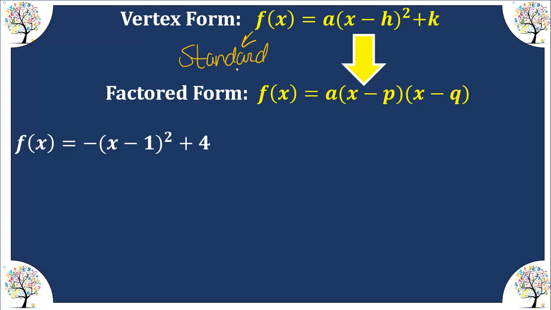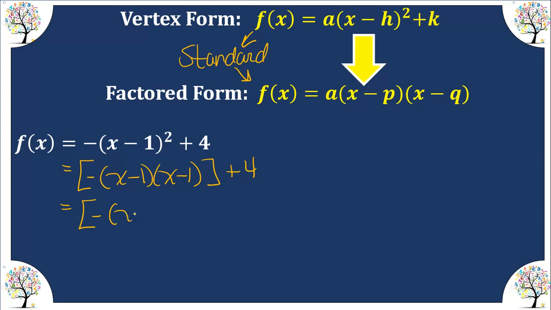Our a is -1. So we're going to multiply the two binomials first, then multiply by the negative, and then add the 4 at the end. We have x squared minus 1x plus 1.